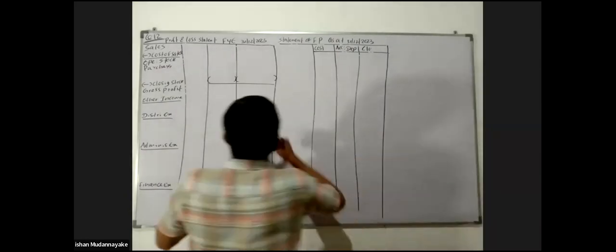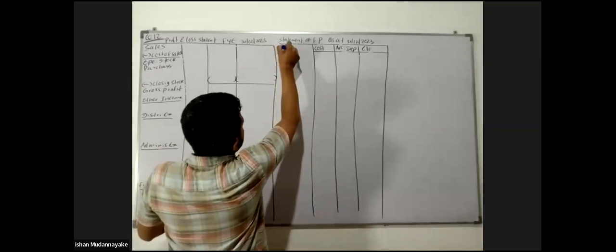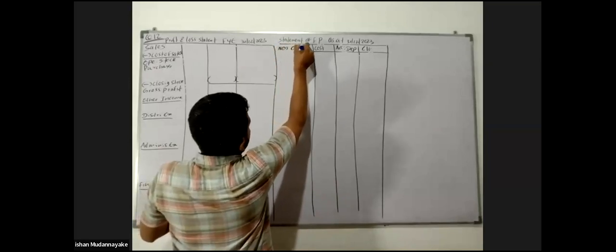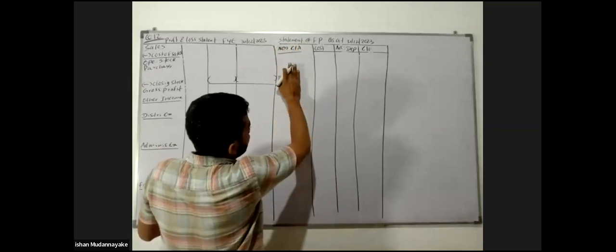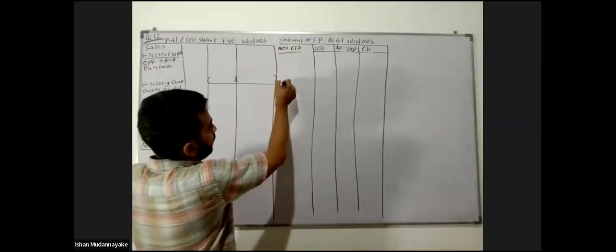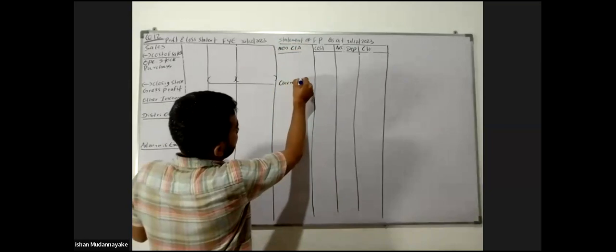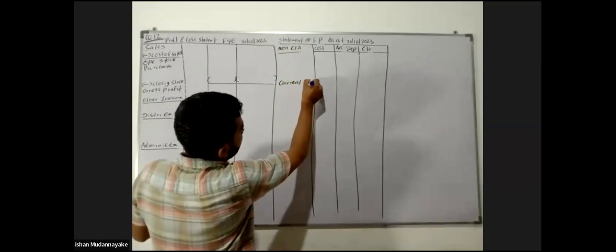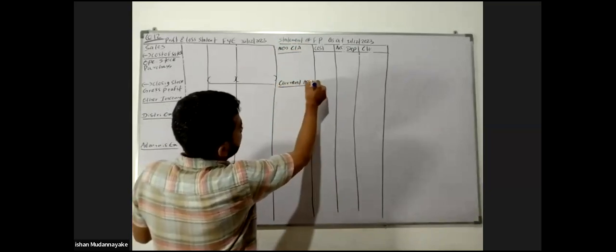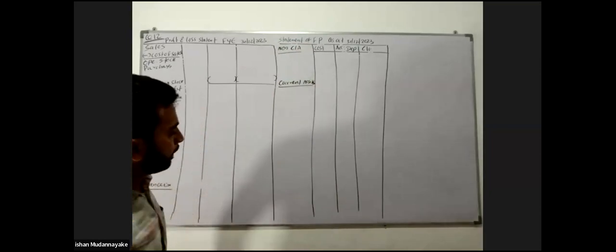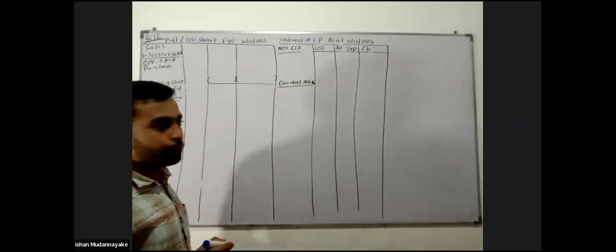And then here, non-current assets. Leave at least 4 or 5 lines. And then write down current assets. Leave at least 5 or 6 lines.